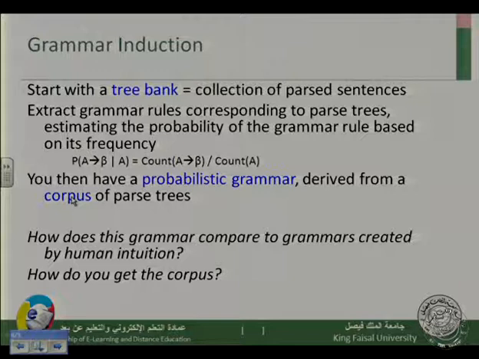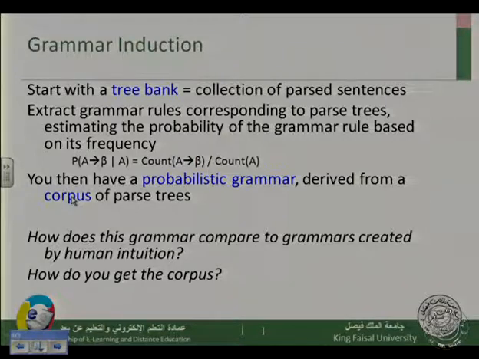You remember? A corpus, yes. So you have a corpus now, and then you derive from all of these trees what is probable to happen. This is called probabilistic grammar. Probabilistic grammar is what is derived from a corpus, where we calculate frequencies and probabilities of these rules.